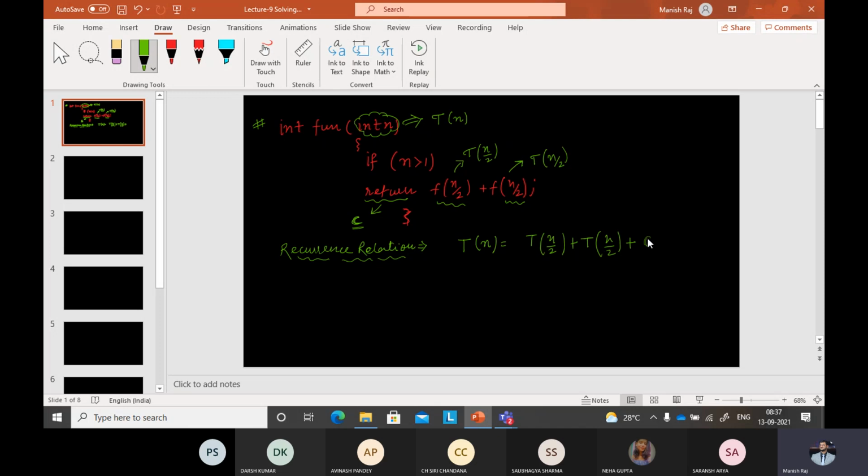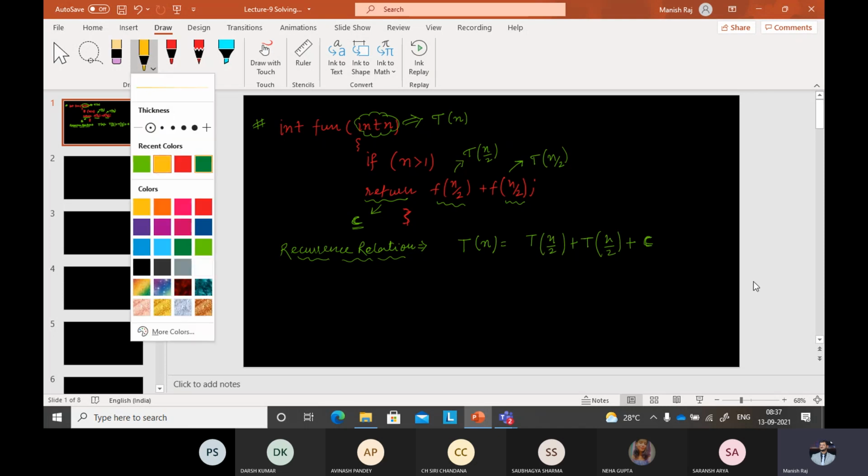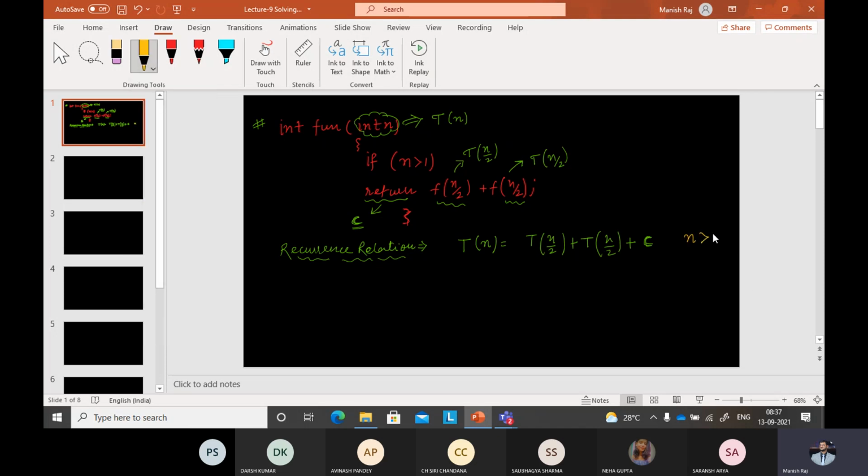I can write it as a constant, or I can write 1 here. So this relation occurs when n is greater than 1, because this condition is given to you.